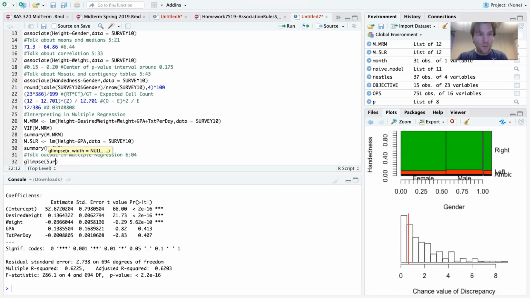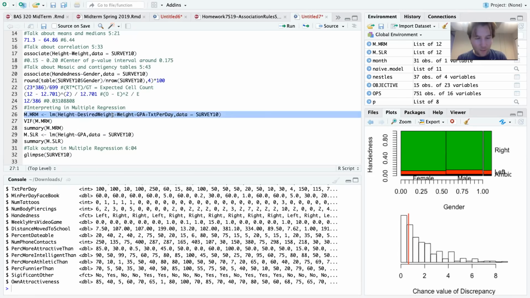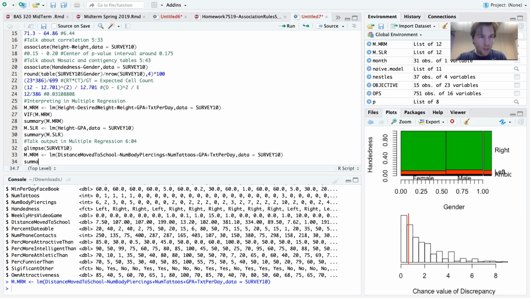A good thing is some of our data sets here, let's just find something really bad and do a multiple regression model and make a negative R squared. A lot of these are intertwined with gender, like piercings, so we don't want to do anything like that. Distance moved to school, cool. If it has anything good, then R squared adjusted probably won't be negative.